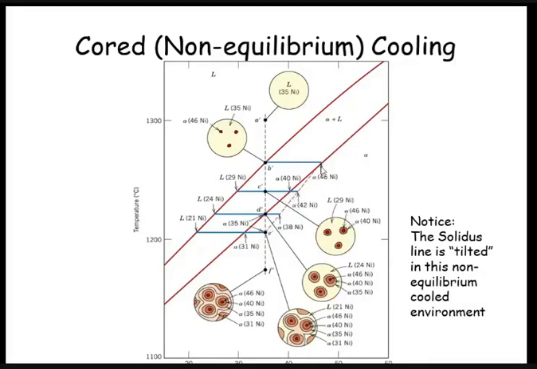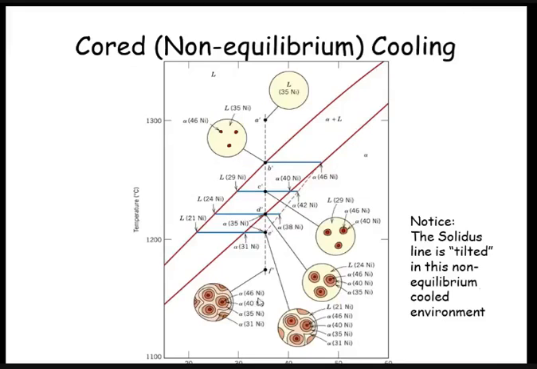So initially we had alpha composition 46, you can see. Next you will get alpha 40, next alpha 35, and next alpha 31. So the solid composition is changing from center to surface.